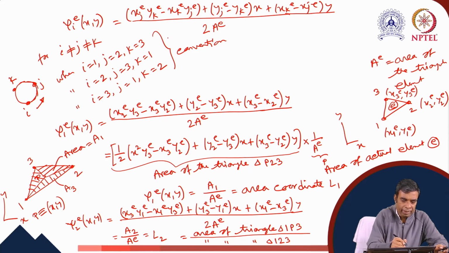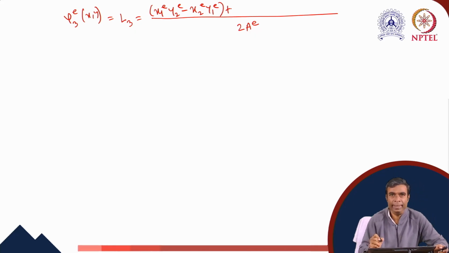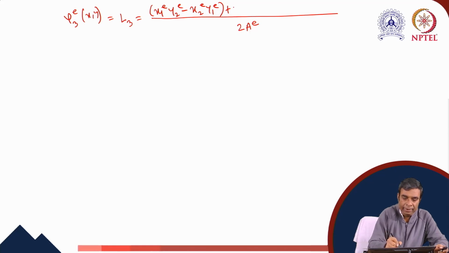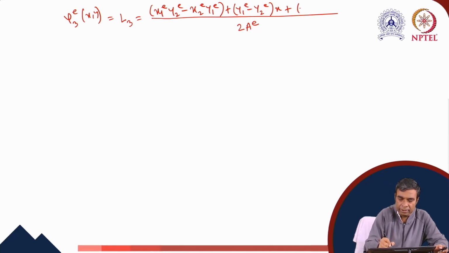So this is x1e y2e minus x2e y1e plus yje minus yke. So j is 1, k is 2. So yje is y1e minus y2e into x plus xke minus xje. So this is x2e minus x1e into y.